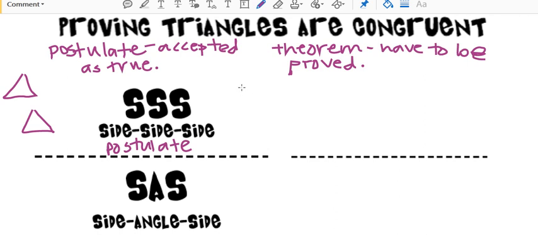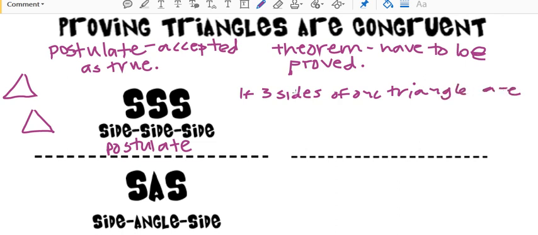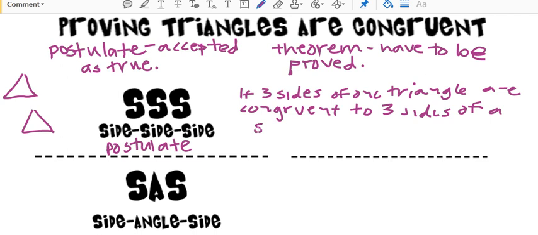What the definition says is, if three sides of one triangle are congruent to three sides of a second triangle, then the two triangles are congruent.